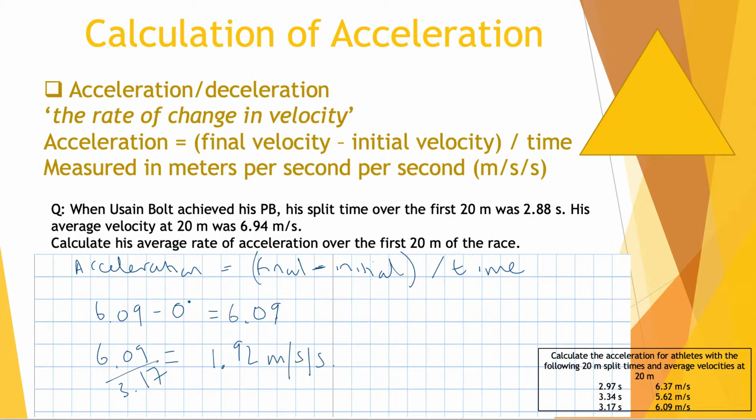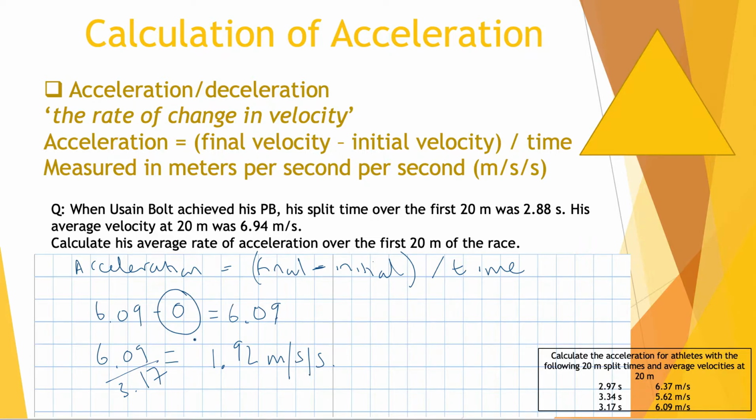Now then, in all these cases, the initial velocity is 0 because it's the first 20 meters of the race. The exam might give you the second 20 meters of the race, with the initial velocity and the final velocity of that second 20 meter split, in which case the initial velocity is not going to be 0, but the calculation is the same.